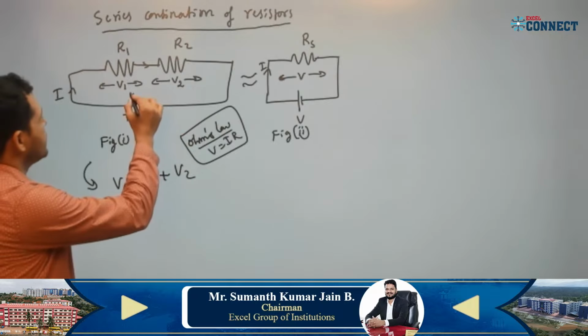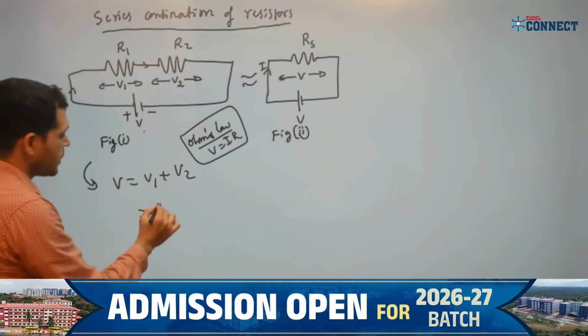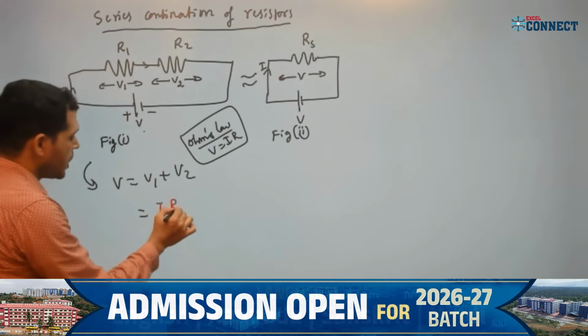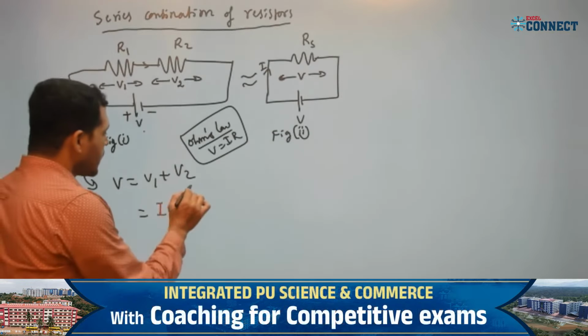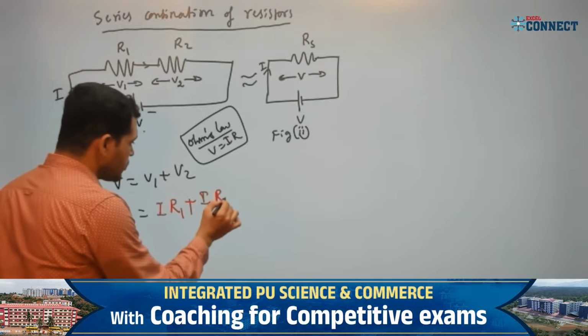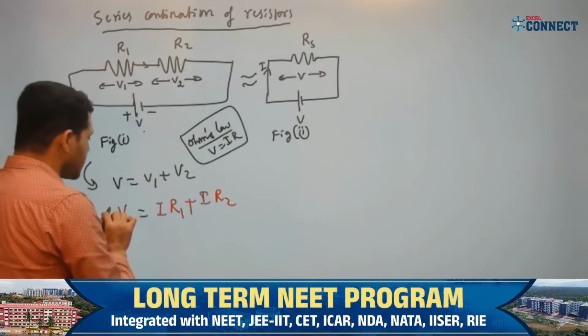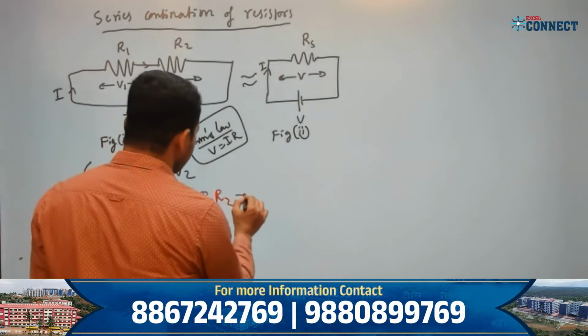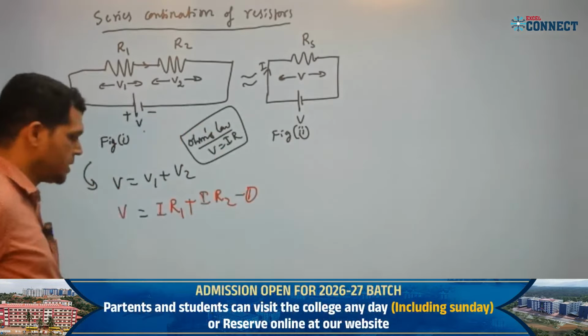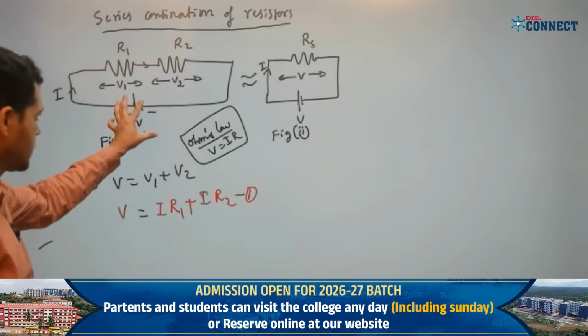V1 is I into R1, plus I into R2. The same current is flowing, right? So I into R1 plus I into R2. I'll take this as equation 1. Correct? This is for the first circuit.